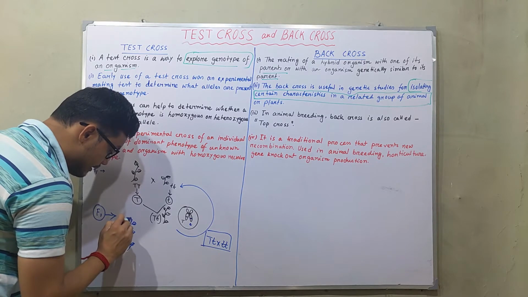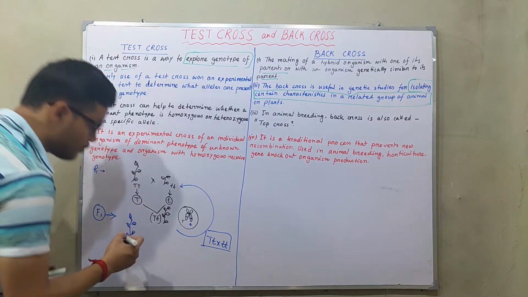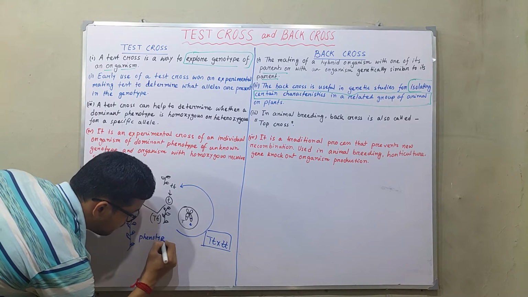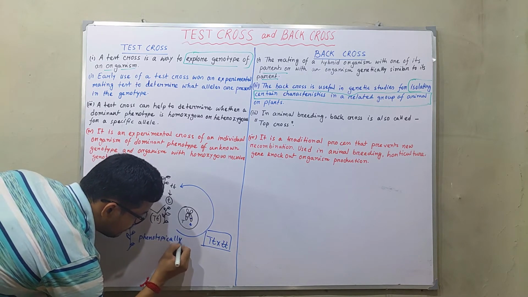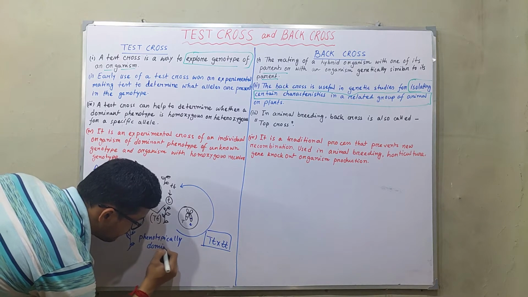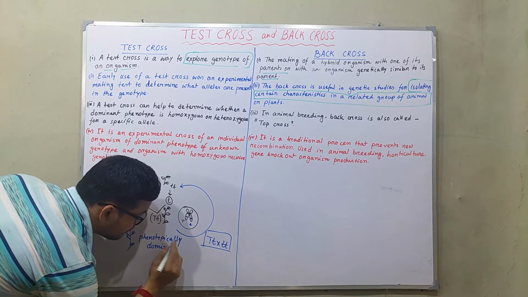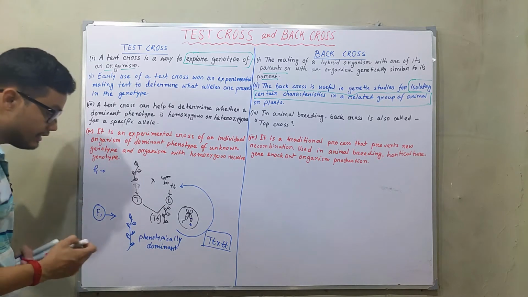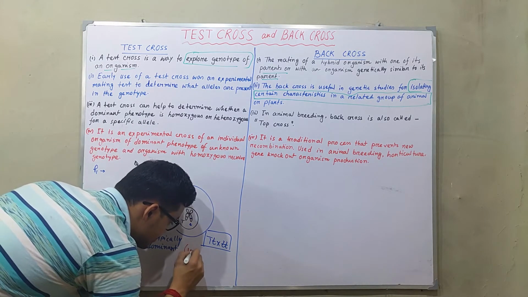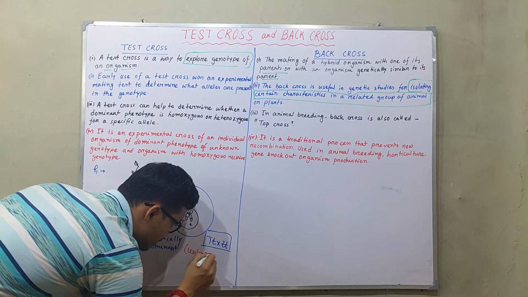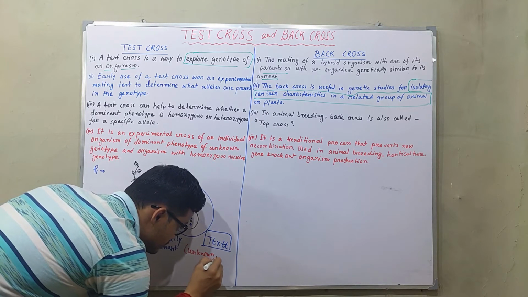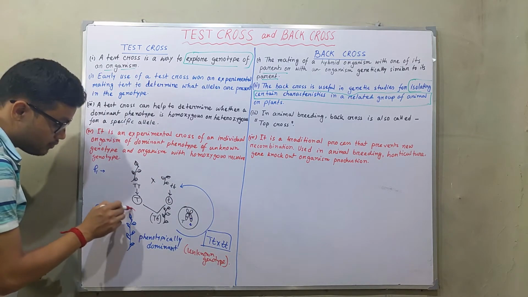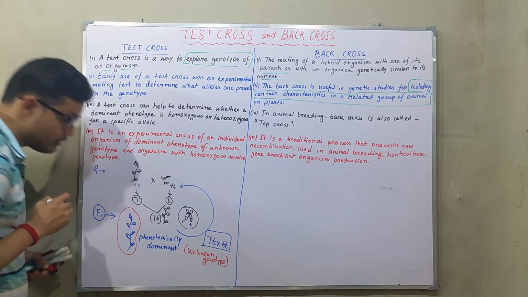In case of phenotypically dominant, this pea plant is phenotypically dominant, but we do not know its genotype, so it is basically an unknown genotype. So we have to find out the genotype of this particular plant.